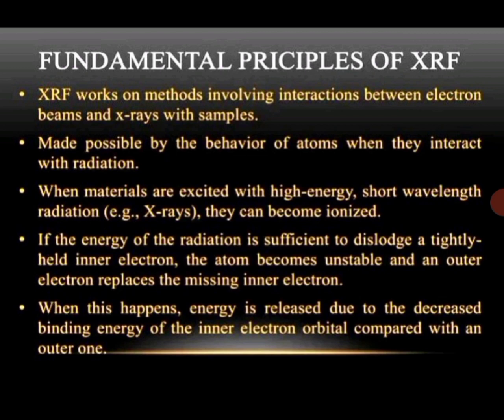Number 4. If the energy of the radiation is sufficient to dislodge a tightly held inner electron, the atom becomes unstable and an outer electron replaces the missing inner electron. Number 5. When this happens, energy is released due to the decreased binding energy of the inner electron orbital compared with an outer one.